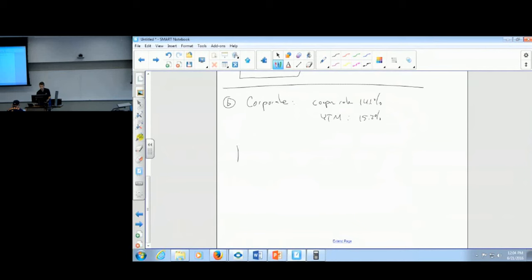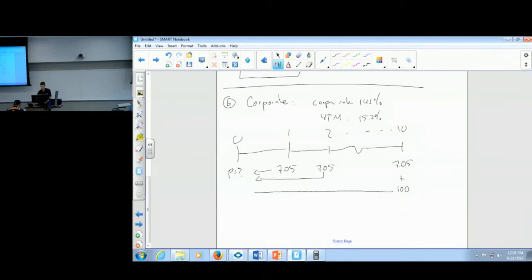Everything else is exactly the same. It's making 10 total payments. Coupon rate is the same, so it's making the same $7.05 payment per $100. We're still looking for the price, so we need to discount all of these cash flows back, but now at 15.2%.